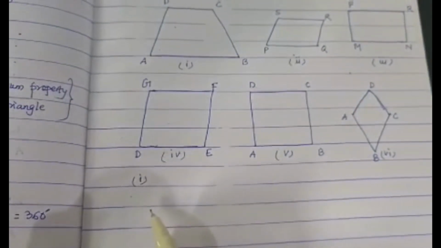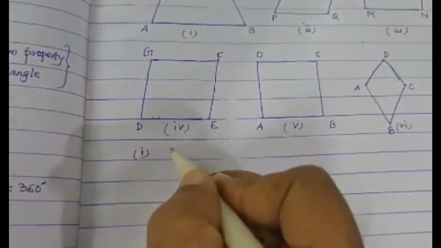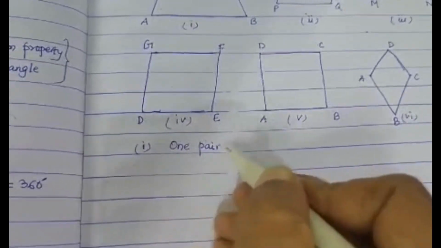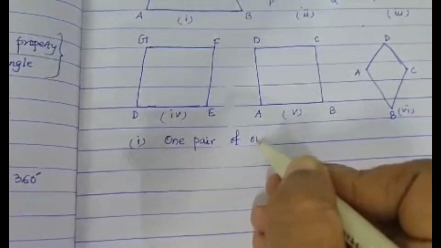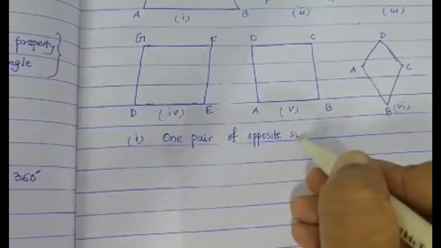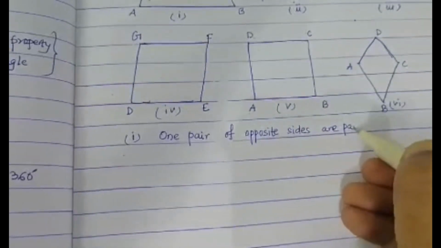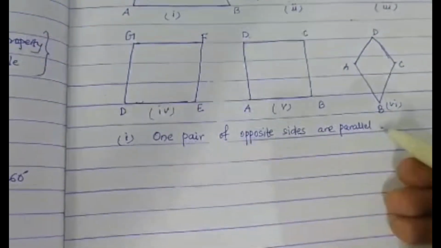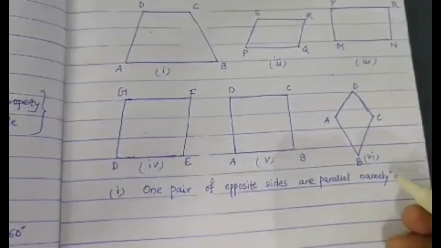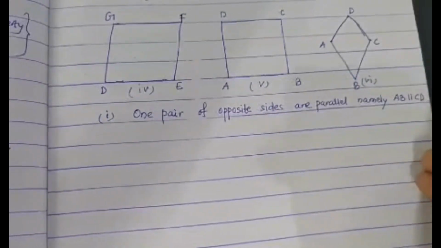So mainly one pair of opposite sides is parallel, namely here AB parallel to CD.